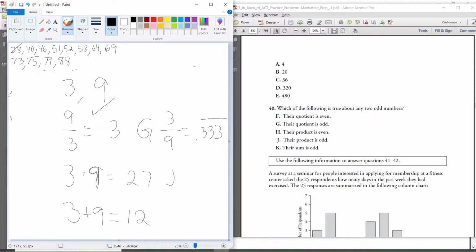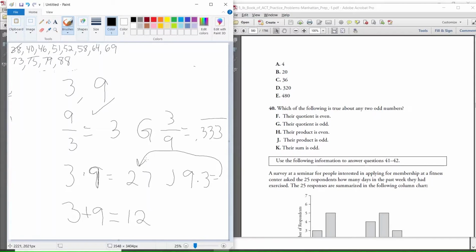Any two odd numbers. Well, for 3 and 9, if you did 9 divided by 3, the quotient is odd. But if you did 3 divided by 9, the quotient isn't odd. It's also not even in either case. So G is out of the question, and we're left with J. And again, just to double check, remember, 9 times 3 is also 27, right back to where we were.